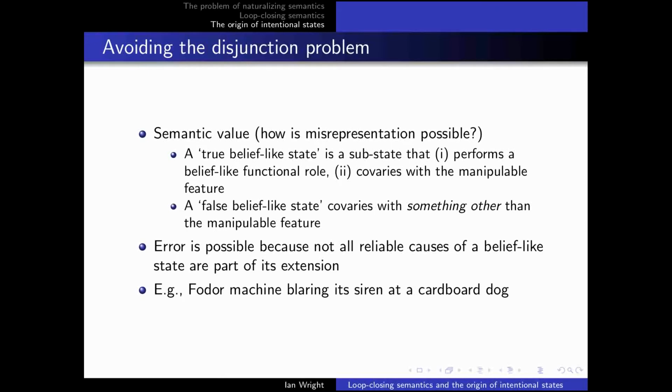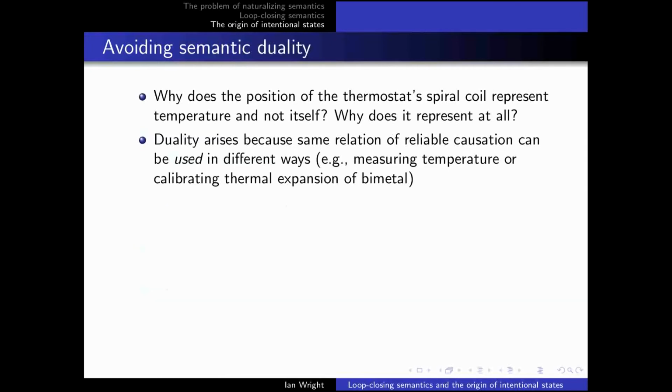Now the problem of semantic duality raised the issue of why any state refers to something else and not itself. Duality arises because the same relation of reliable causation can be used in different ways. For example, measuring temperature or calibrating the thermal expansion of a bimetal coil. The point is this: information content is fixed by information users.